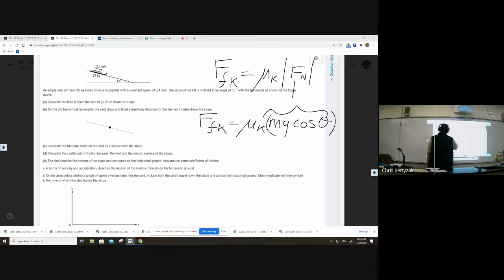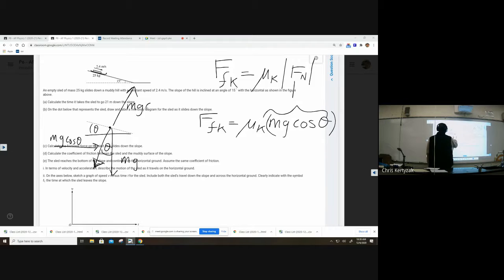Again, if this was gravity pulling it straight down, and this was the ramp like this, then this amount of force that I'm pointing to right here would be mg cos theta, which again means that the normal force will be exactly equal to that amount.